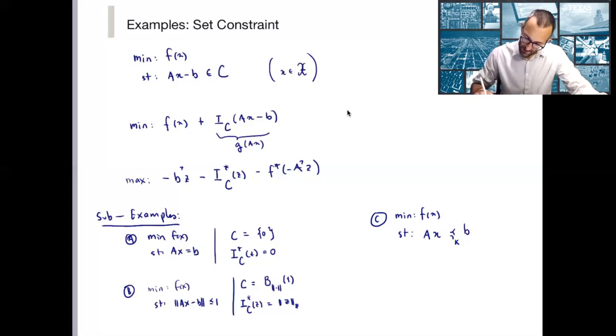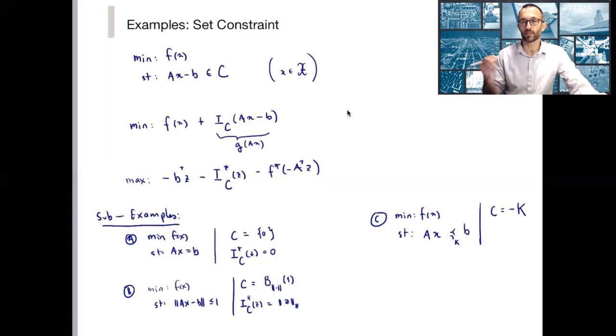So again, in this case, C is equal to minus the cone, because it's saying that Ax minus b is less than 0 in the cone ordering, which means it belongs to the minus cone. And the dual of the indicator function of C is in fact equal to the indicator function of the polar cone at z.